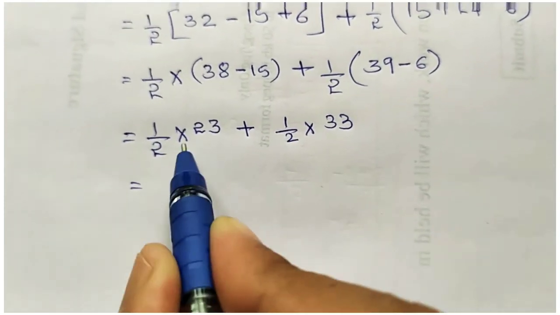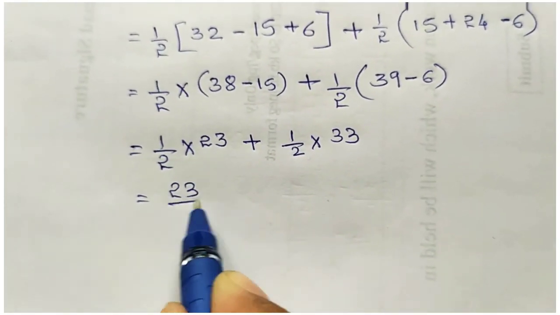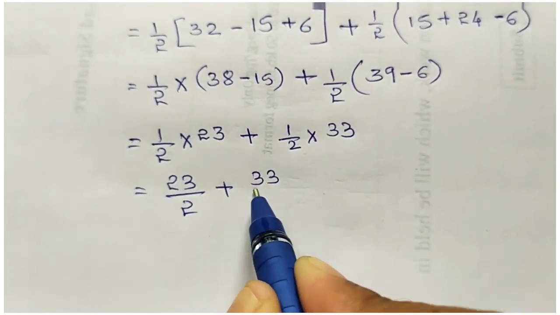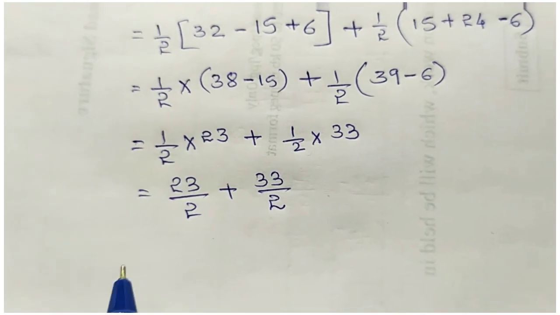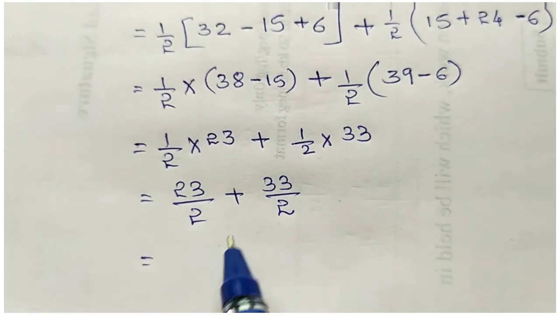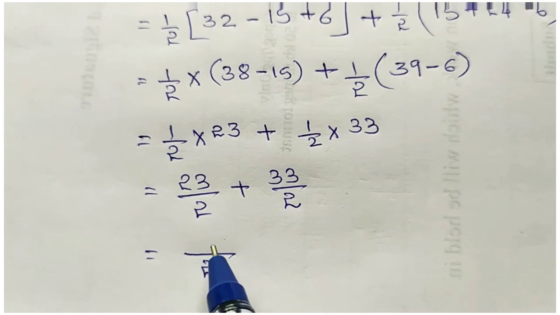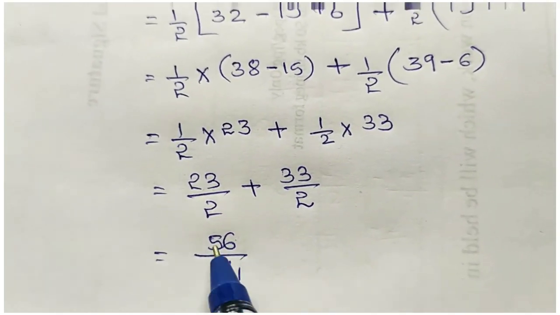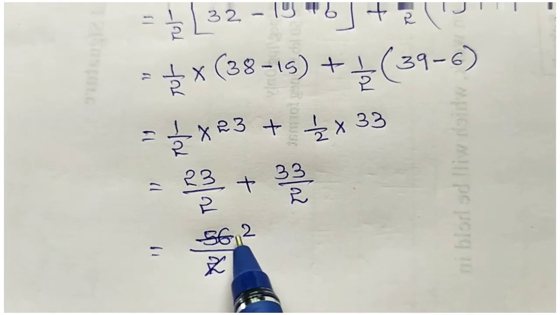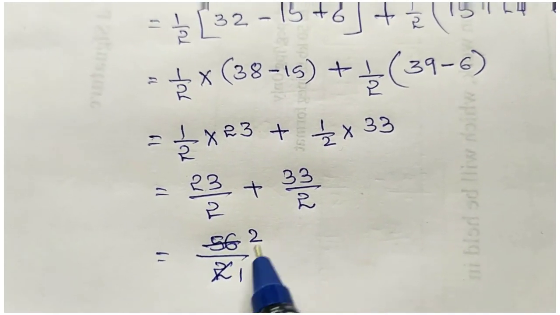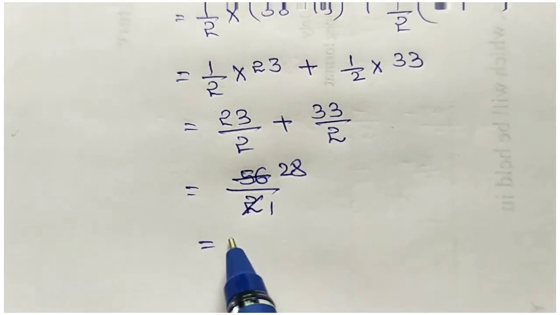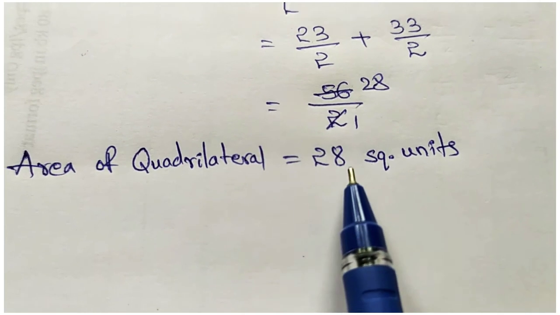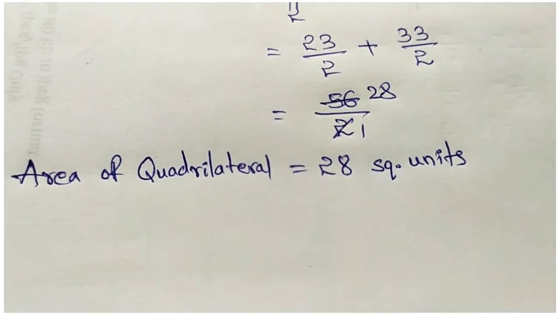So first we multiply 23 ones are 23 by 2, plus 33 into 1, 33 by 2. So here the denominator is the same, no need of doing the LCM. 23 plus 33, it will be 56. 2 ones are 2, 2 8s are 16. So our final answer will be: area of the quadrilateral will be 28 square units. This is our final answer.